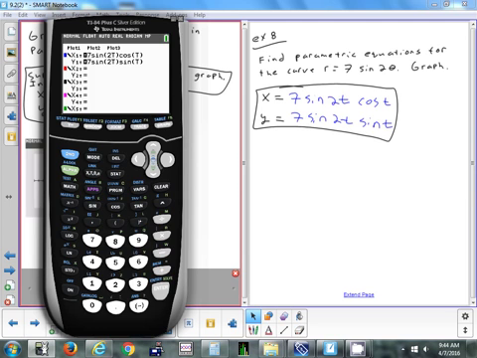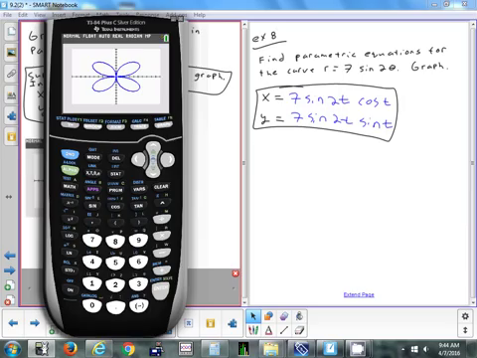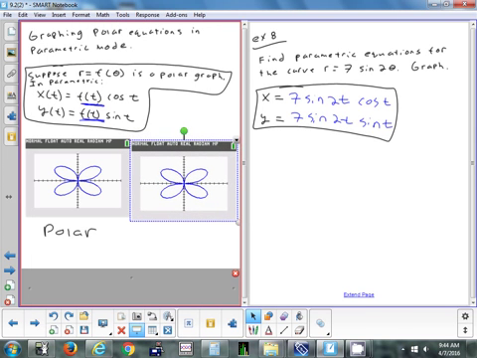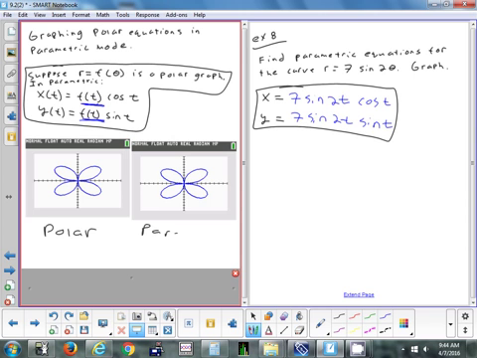Now, if we've done this right, it should look exactly the same. Notice it's even drawing it a little slower because it is a more complicated formula. I don't know if you could tell by the speed of it, but it did draw it slower. And there's your parametric. Any questions on how those came out exactly the same? Very, very easy to change polar to parametric.